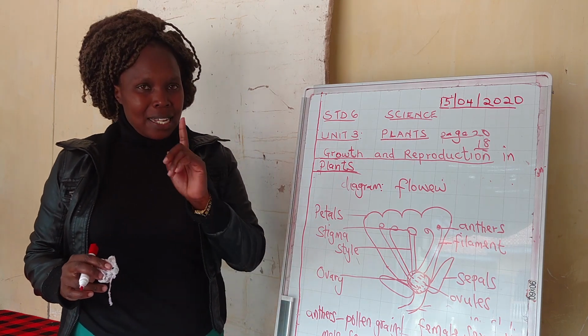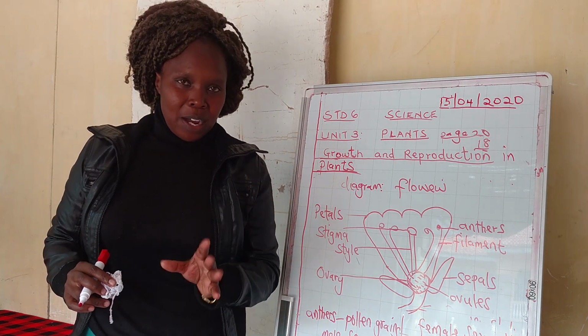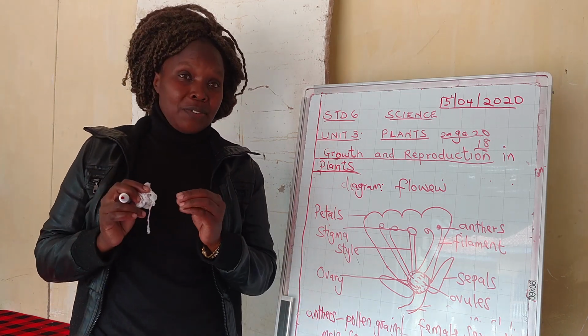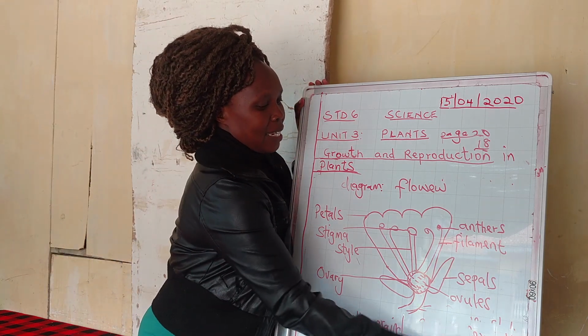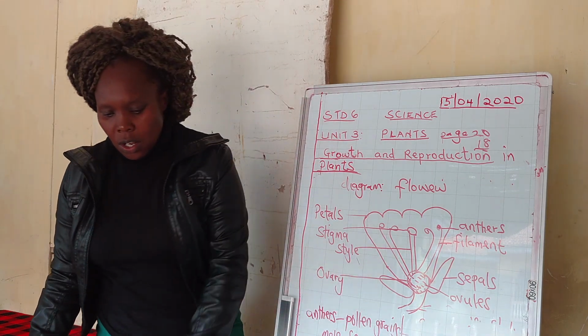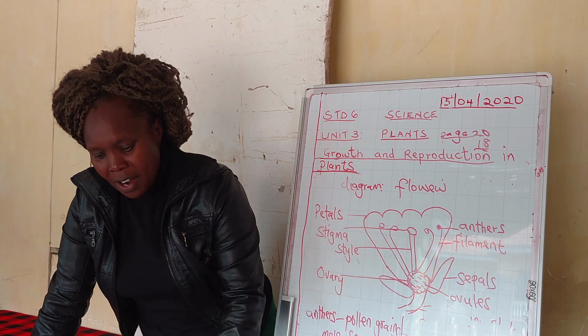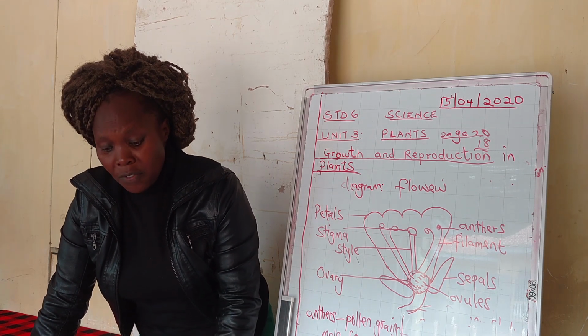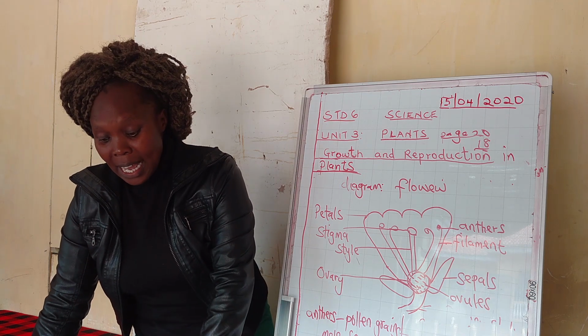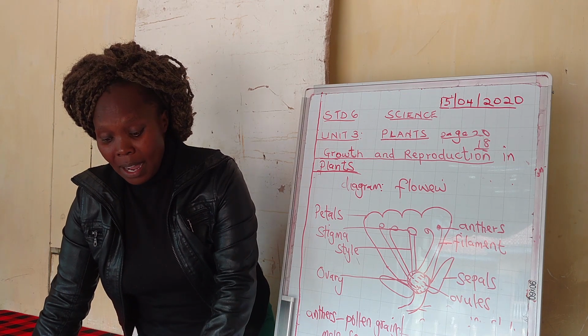The female parts of a flower together are known as the pistil. So the female parts of a flower comprise the stigma, the style, the ovary, and the ovules.